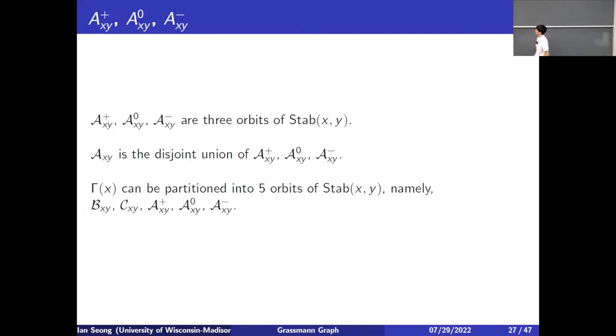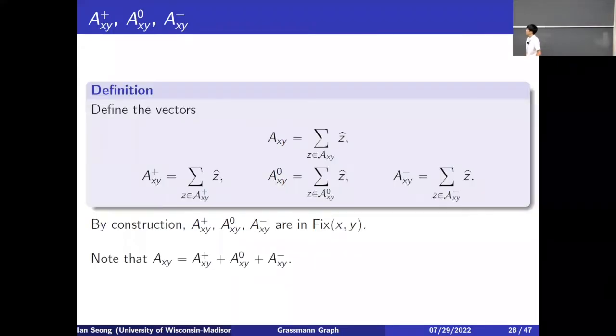So what we can conclude is that we can have gamma x partitioned into 5 orbits: cal Bxy, cal Cxy, and then the plus, naught, and minus. Okay, now from these we can define vectors. So we define Axy to be the sum of the z hats, where z is in cal Axy.